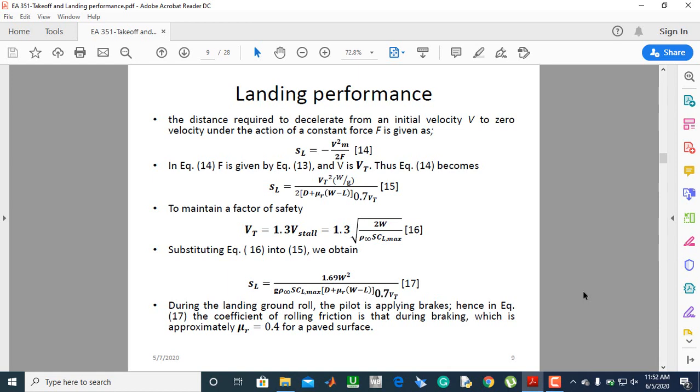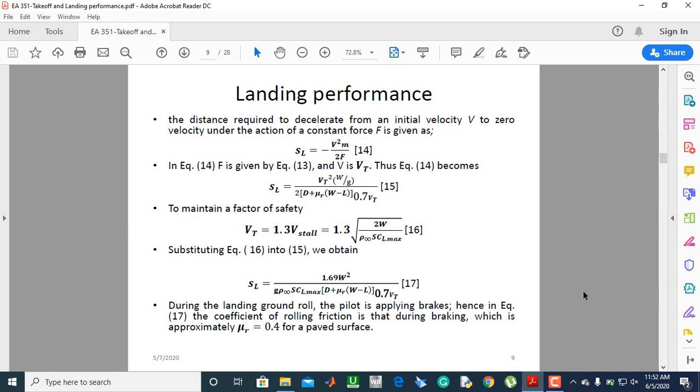And again here, remember the lift-off speed, we said the lift-off speed should be 20% higher, that's why that was 1.2, but the touchdown speed, to prevent the aircraft from stalling, it should be 30% higher. So the touchdown speed will go 1.3, 30% higher than the stall speed. And doing the same like we did previously, we get the expression given by equation 17.